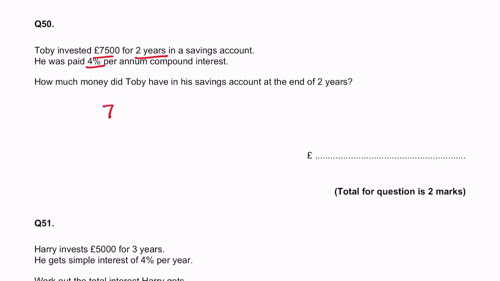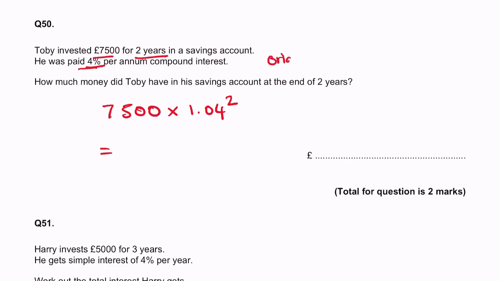So 7,500 is the original amount he invested, times by the multiplier percentage increase, which is 4%, so that would be 1.04 to the power of number of years, 2. And I'll write the formula here if you're not sure.